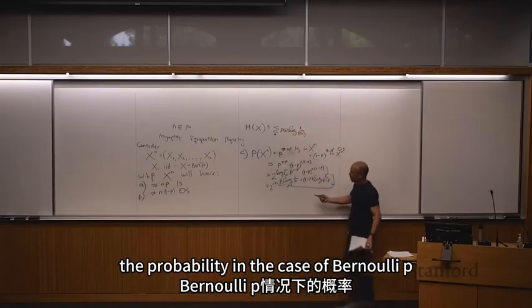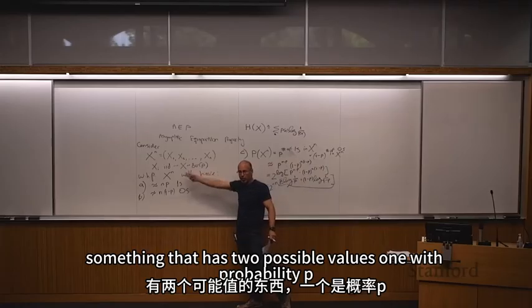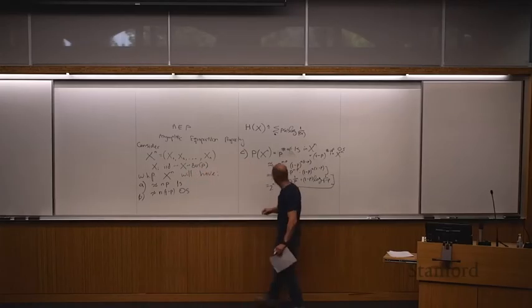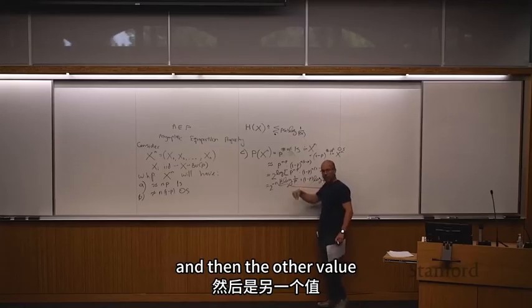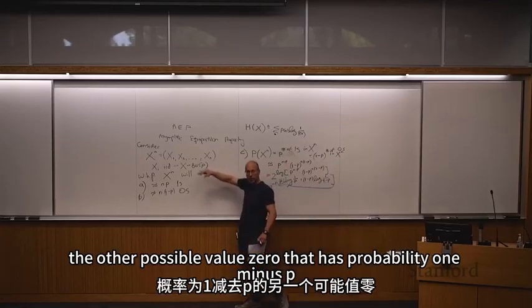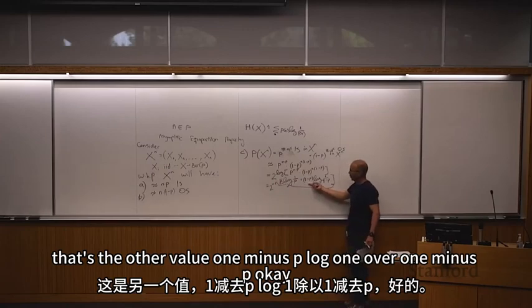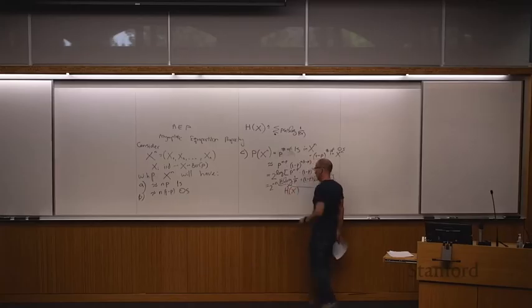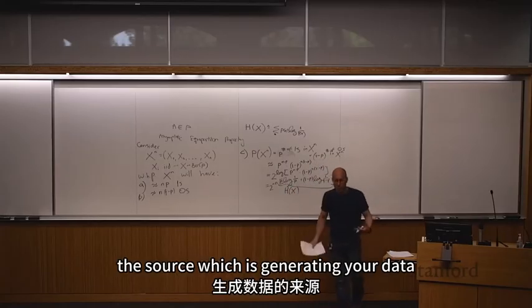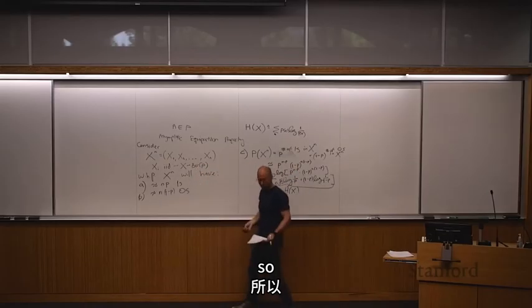In the case of Bernoulli p, something that has 2 possible values, 1 with probability p, so that's p log 1 over p, and then the other possible value 0 that has probability 1 minus p, so that's 1 minus p log 1 over 1 minus p. So this is nothing but the entropy of the source which is generating your data.